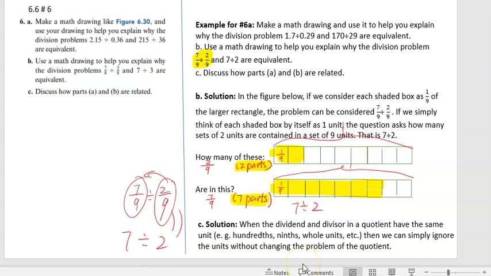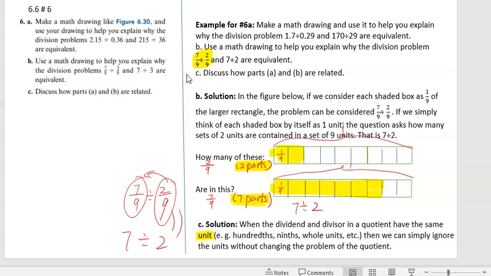And part C, discuss how A and B are related, when the dividend and divisor in a quotient have the same unit. So what do we mean by same unit? For example, for fractions, 7/9 and 2/9 both have the same unit, 1/9. The ninth is the unit.